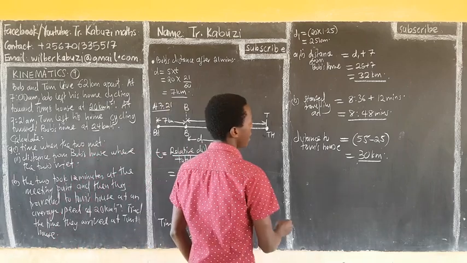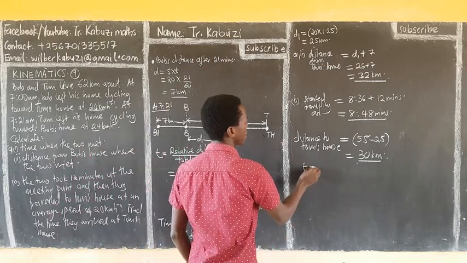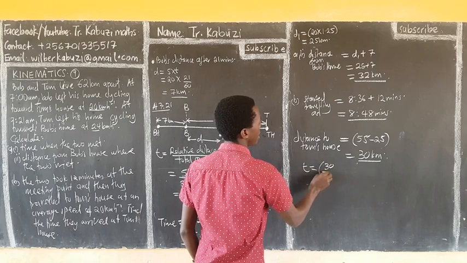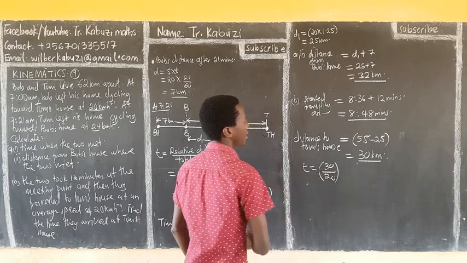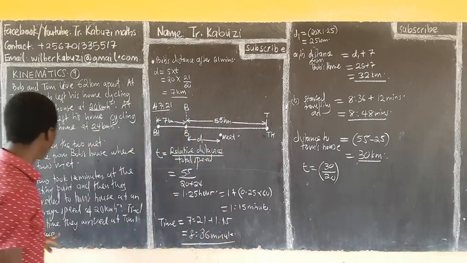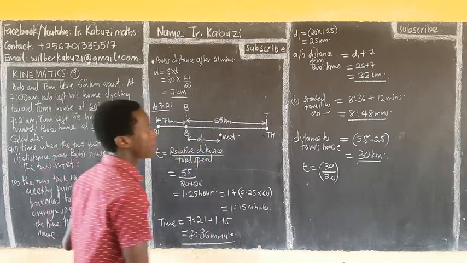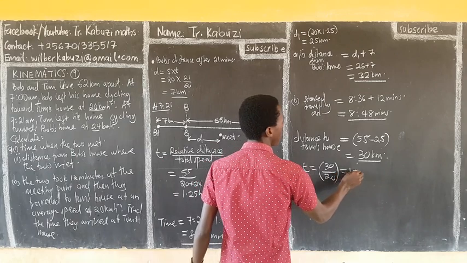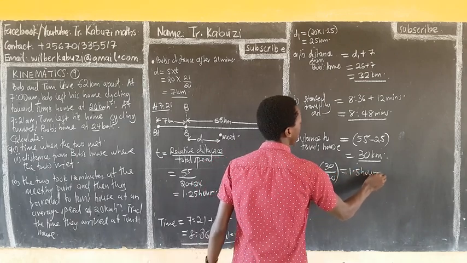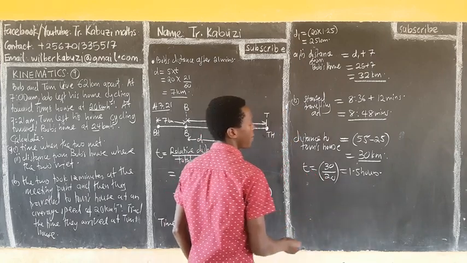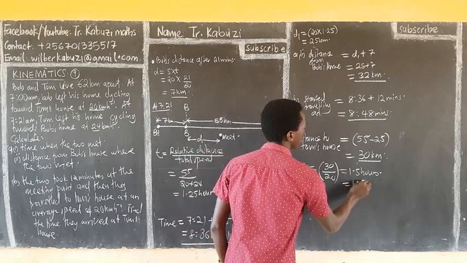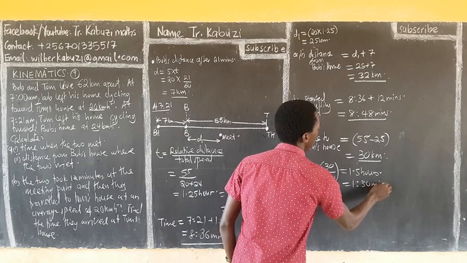First of all, the time is 30 kilometers over 20, the average speed. This will be 1.5 hours, which is the same as 1 hour 30 minutes.